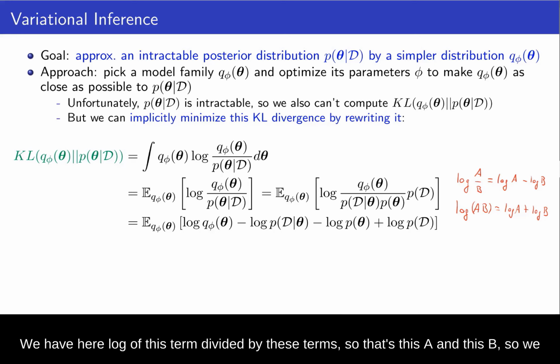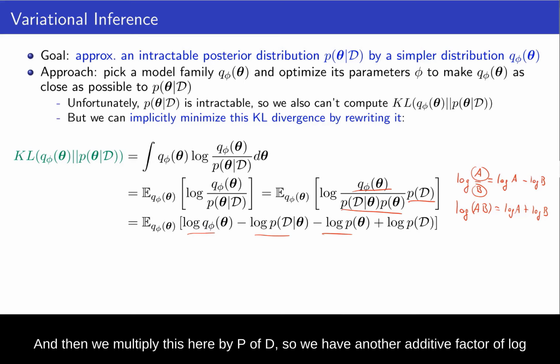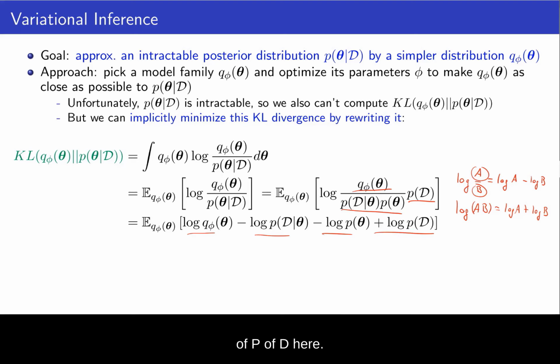We have a log of this term divided by these terms. So that's this A and this B. So we have this term in the positive and these two terms in the negative. And then we multiply this by P of D. So we have another additive factor of log of P of D here.